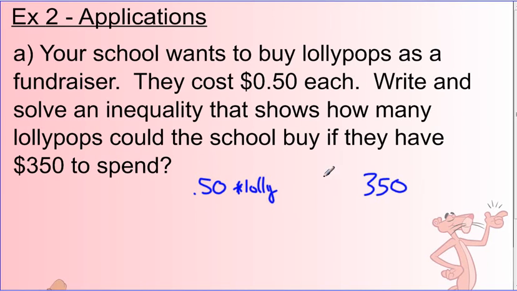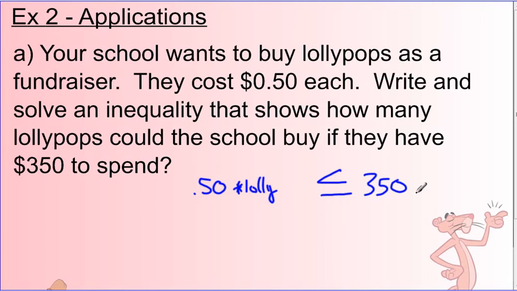So you'd want the amount you spend on the lollipops to be less than or equal to 350, right? So 50 cents for each lollipop times the number of lollipops. If you bought 2 lollipops, 50 cents times 2, you spent $1. If you bought 5 lollipops, you spent $2.50. That's how this comes about. And we want that total amount we spend to be less than or equal to $350 because that's all the money we have to spend.